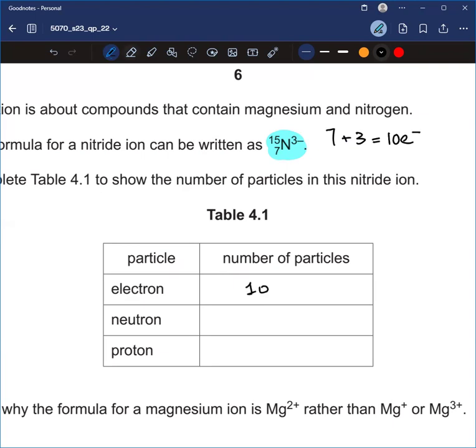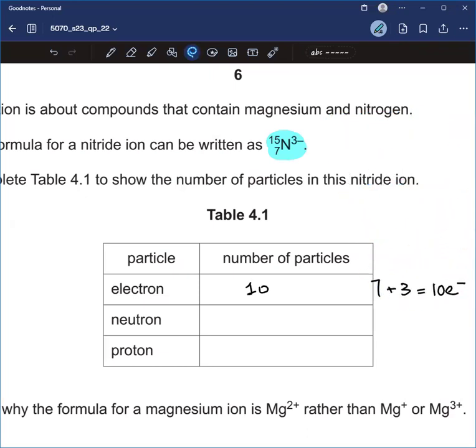And if it would have been 3 plus, what would I have done? It is 7 minus 3, which is 4 electrons. This means it would have been 4 electrons. Okay, let's just keep it here. I will shift it here so it becomes more relevant.